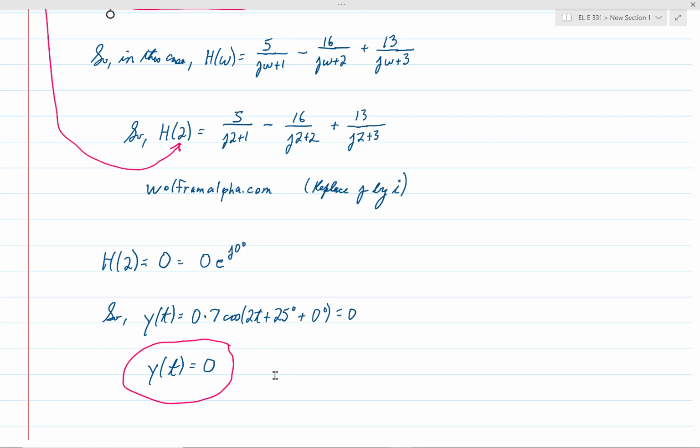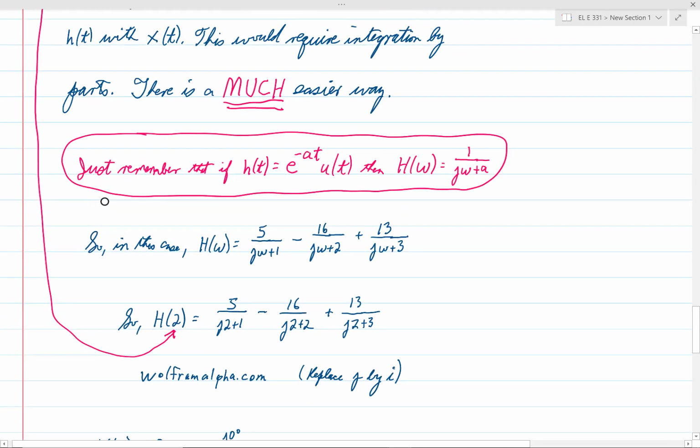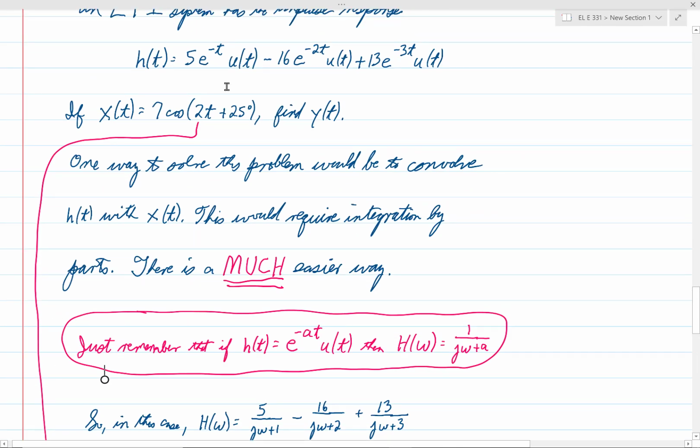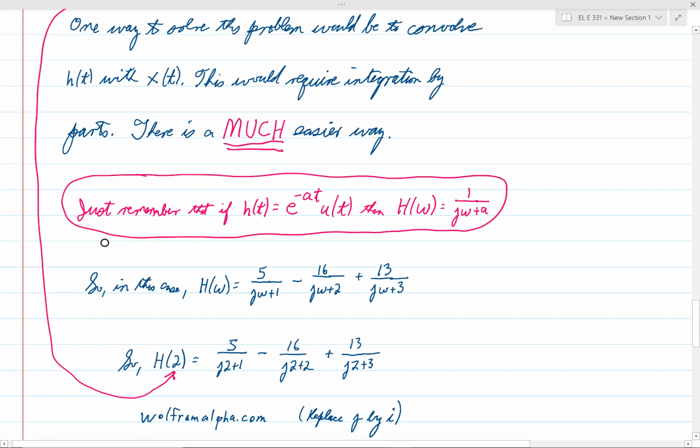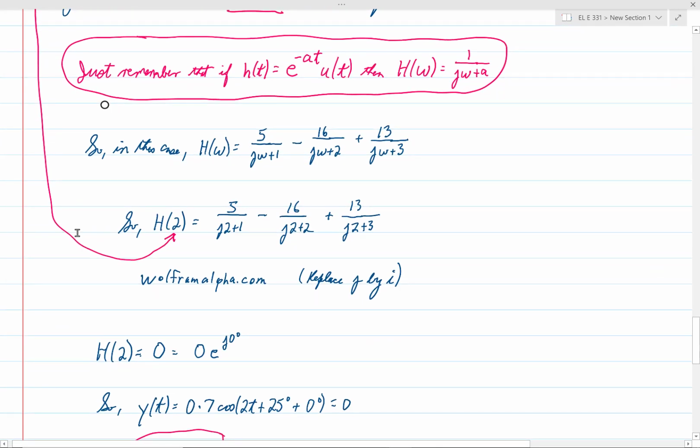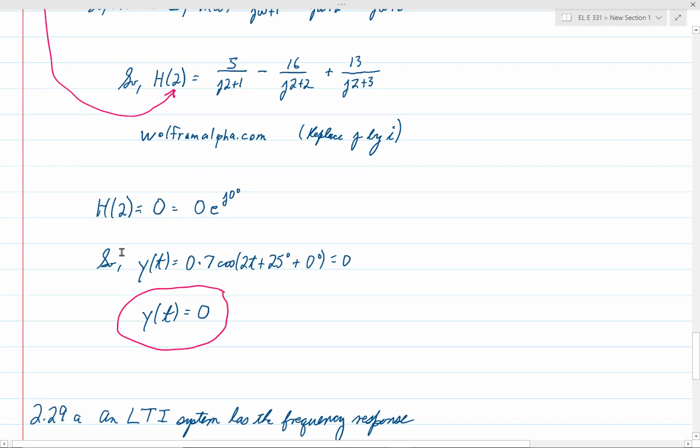And that happens because this input right here is just a sinusoid of a single frequency, 2, and h, the frequency response at 2, happens to be 0, and so that's why the output is 0.